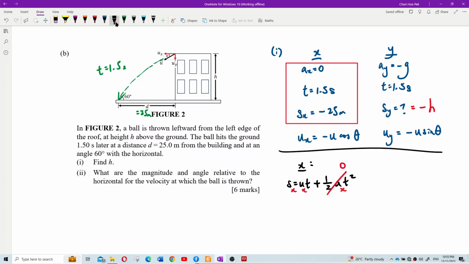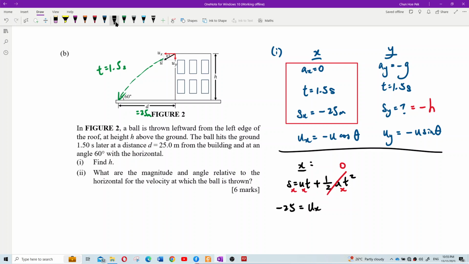Now SX is negative 25. UX is negative, I just put it as ux. No need to change it.